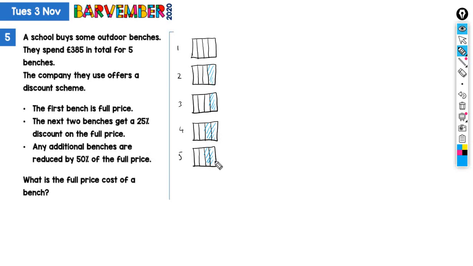Then what was the total amount spent? For all of that the total amount was 385. So 385 was the cost of all of the bits that weren't discounted, all of the bits that they paid for.